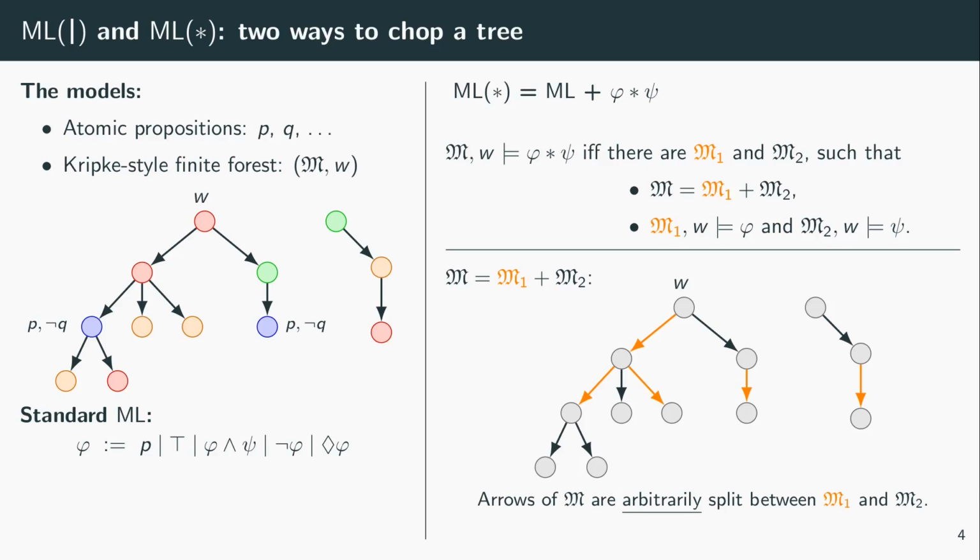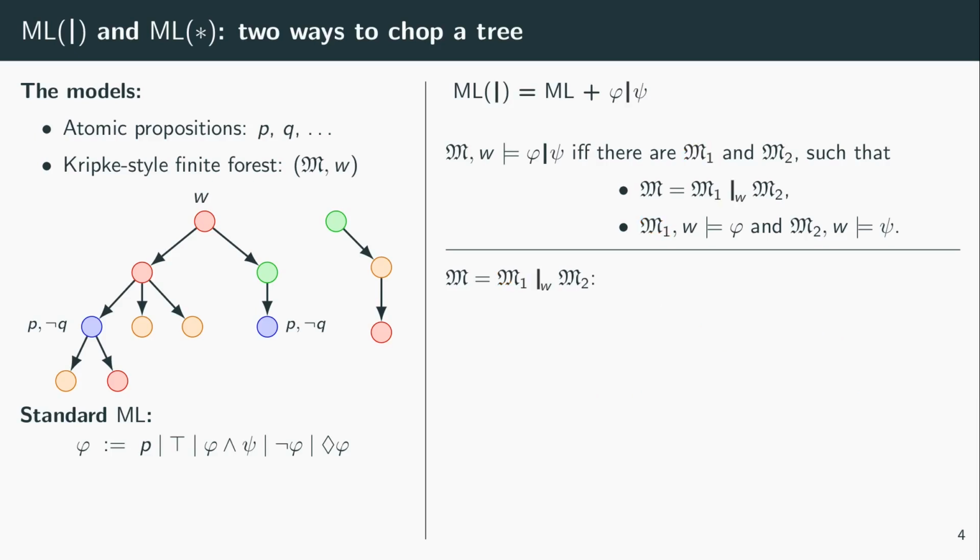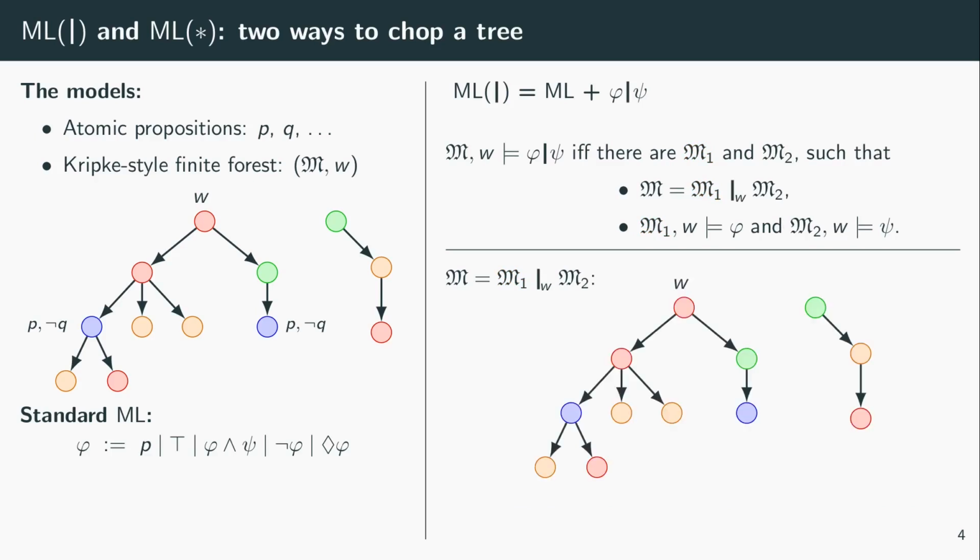Now ML chop is different, just in terms of the composition. Given your finite forest, you must still color it with two colors for M1 and M2, but now if from the current world I color one edge leading to a child in orange, then the whole subtree rooted at the child must be all orange, must all be in M1. And this is the only difference between ML star and ML chop.